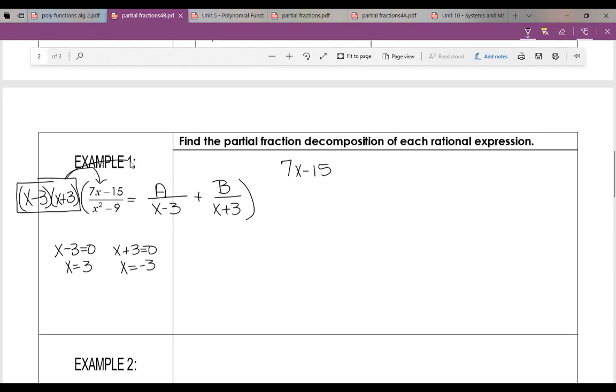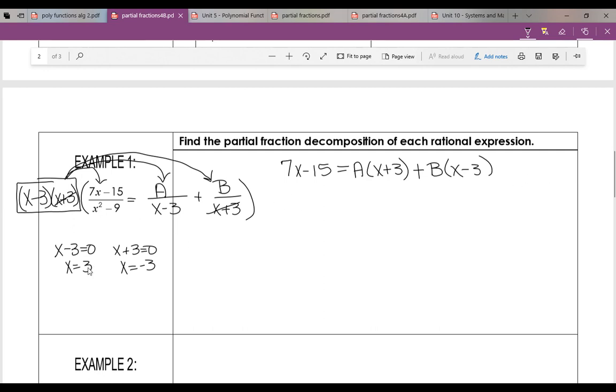When you take that common denominator and multiply here, the x minus 3's cancel, and that leaves you with a times x plus 3. When you pull that common denominator all the way to the third part of this, that's going to give you plus b times x minus 3, because the plus 3's would cancel, and now we have no more denominator.